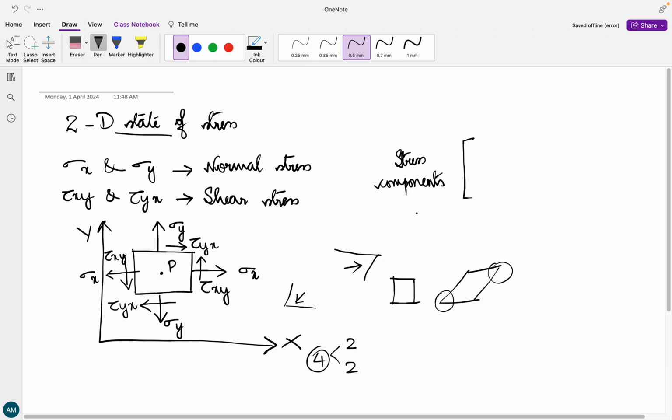In the previous class we had 9 components and then 3 types of coordinate axes. Along the principal diagonal elements we have sigma x and sigma y, that is the normal stresses, and then your shear stress fills up the other places. So tau xy, tau yx. This is the two-dimensional state of stress.